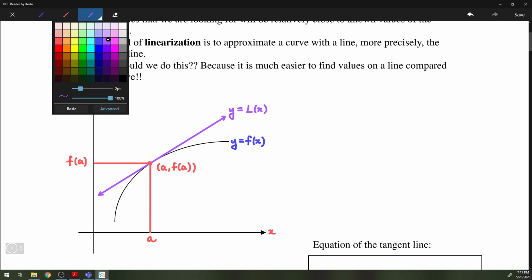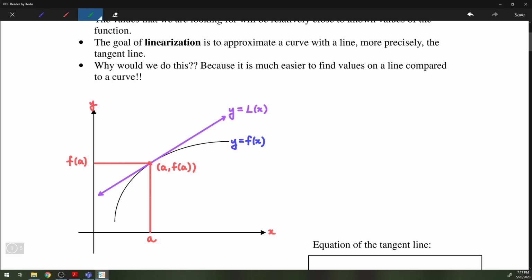Recall that the format for the tangent line would be y minus y1 is equal to m times x minus x1. For the tangent line, we know this will be y minus f of a equals f prime of a multiplied by x minus a.